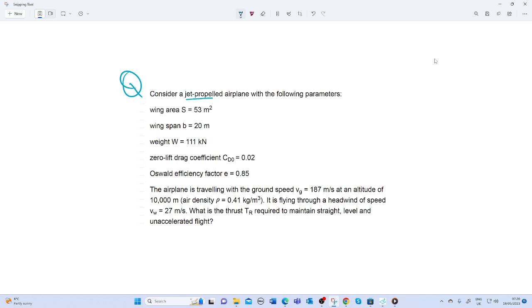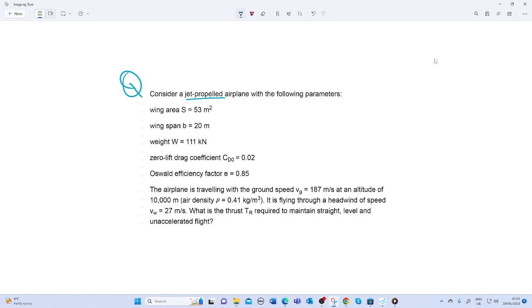Consider a jet-propelled aircraft with the following parameters. With the wing area S equals 53 meters squared, the wingspan 20 meters, the weight 111 kilonewton, the zero lift drag coefficient CD0 which is 0.02, the efficiency factor e 0.85.